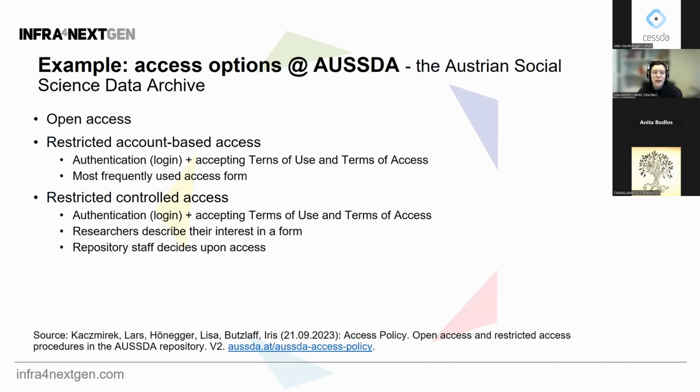The reuse there is tailored especially to scientific reuse. And then the third option is the restricted controlled access that works as the restricted account-based access in the sense that you need an account to be able to log in and accept the terms of use and terms of access. But then we also require users to describe their research interest in a form and send it to us. And the repository staff then decides upon access.